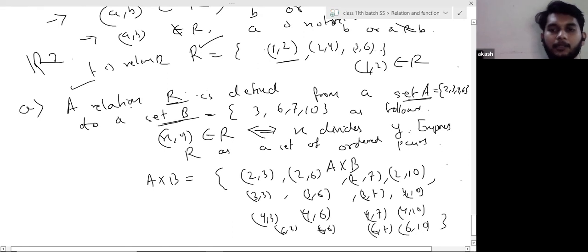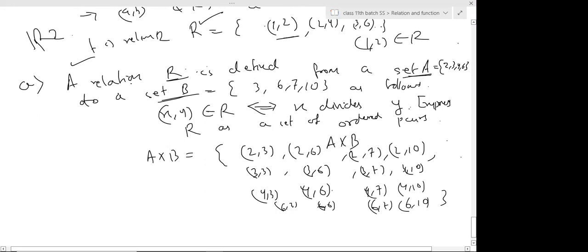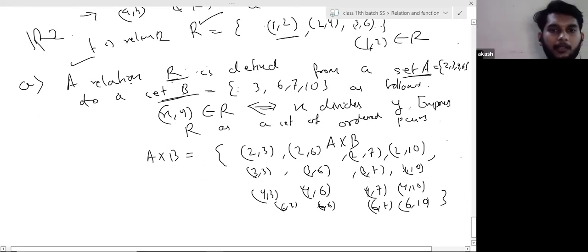This is the Cartesian product. Nobody has any issues with this? All right.